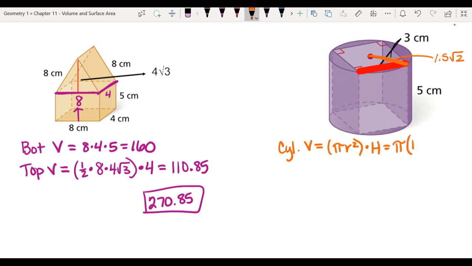So it would be pi 1.5 square root of 2 squared. And then the height of your cylinder is this 5 here. So when I plug that in, I get 70.9.